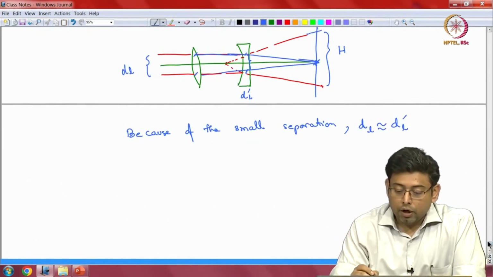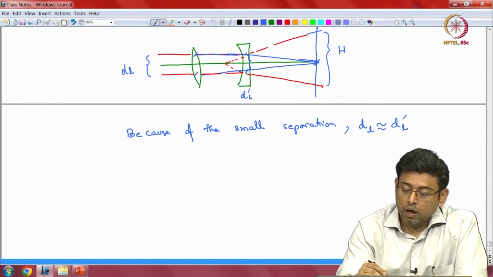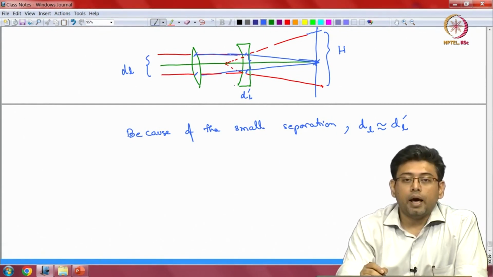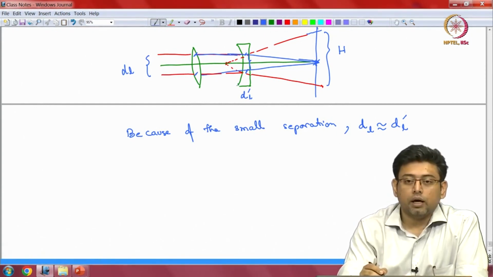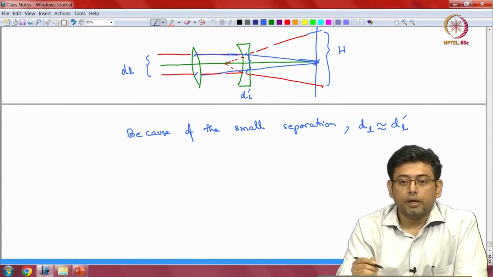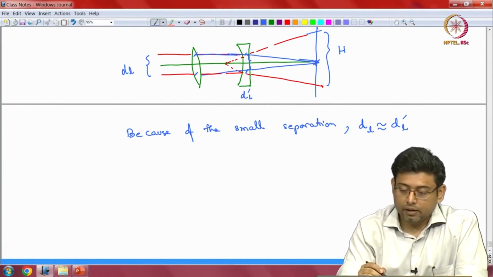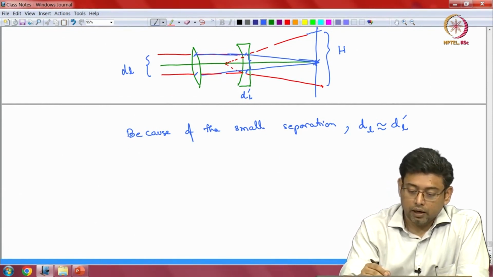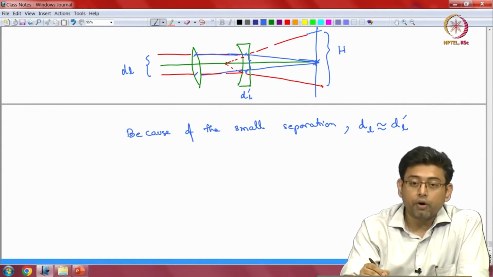Now, in order to find out what this H is, I apply the idea of similar triangles. This is geometric optics, so geometry is basically the determining factor in everything. Here one triangle is this small triangle right here.